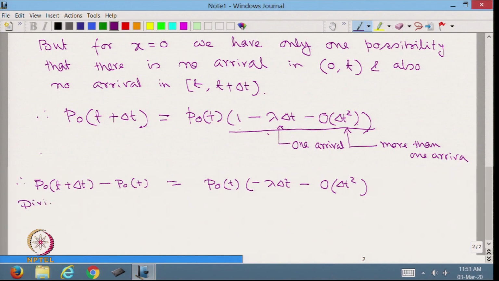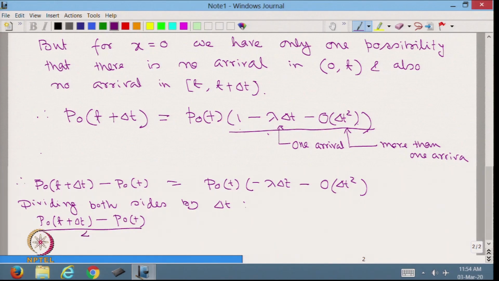Dividing both sides by delta t, P_0(t plus delta t) minus P_0(t), divided by delta t, is equal to minus lambda P_0(t) minus P_0(t) into big O of delta t square divided by delta t.